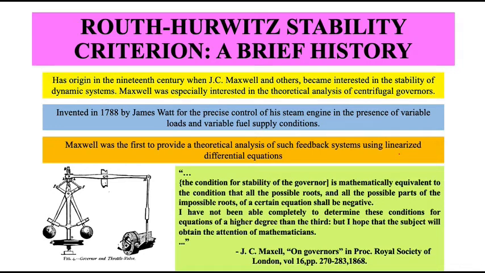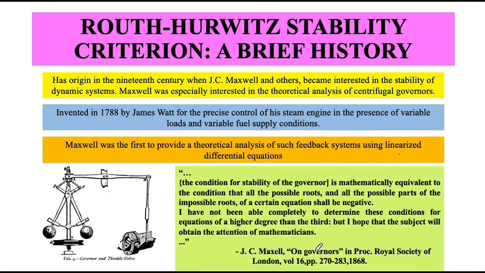So instead of that, the stability was equivalent to the condition that all the possible roots and all the possible parts of impossible roots of a certain equation should be negative. This is a little misleading because they didn't have any formal terminology to define it. Essentially he meant that all roots must be negative.